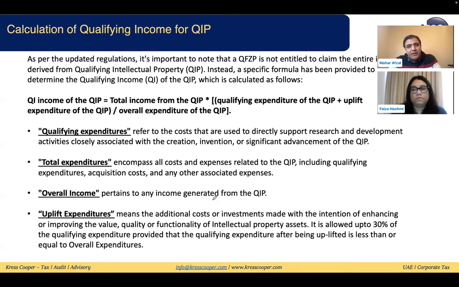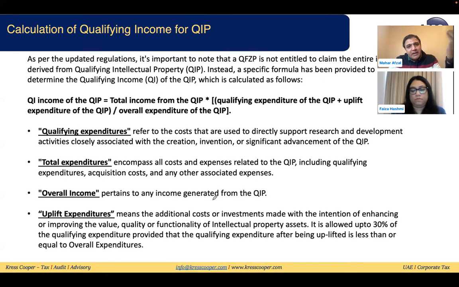Qualifying intellectual property means any patent, copyrighted software, or any other intellectual property which is registered within the free zone, within the UAE, out of the UAE, other than that, that is being used for business purposes. They have specifically excluded the trademarks. So in very simple words, I can say registered intellectual property other than trademark will be considered qualifying intellectual property.